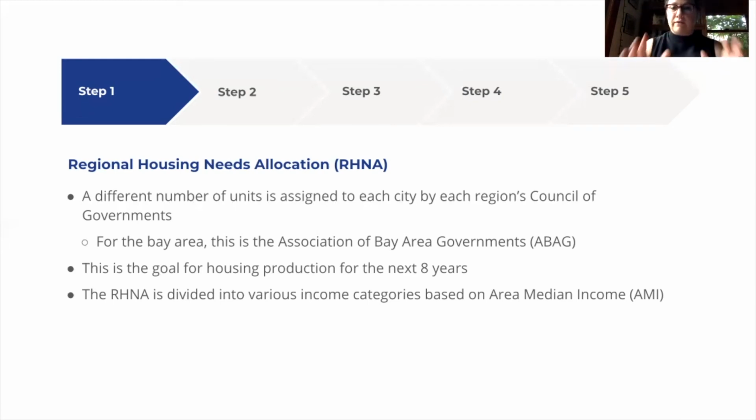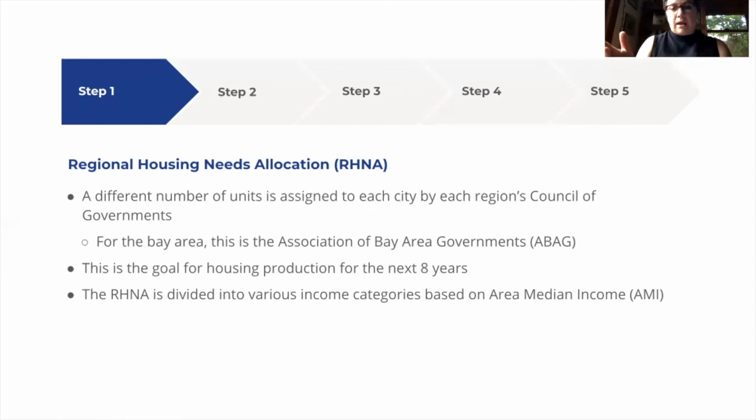And that's the first step. That allocation is called the Regional Housing Needs Allocation, and that's the number John talked about earlier. That total number for each city is broken out into the affordable levels: very low, low, moderate, and above moderate.